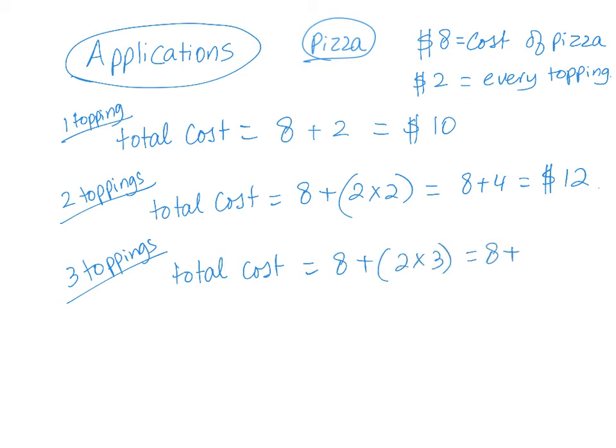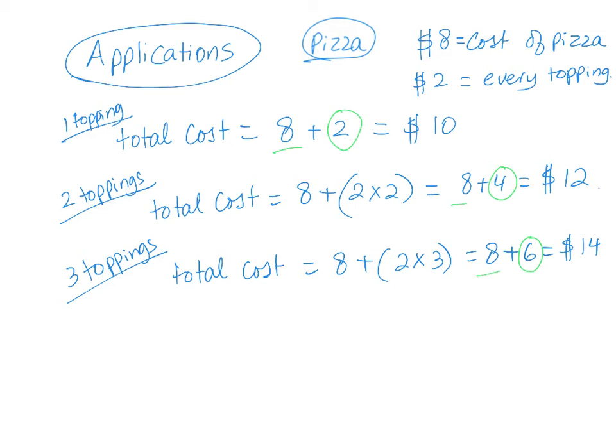Eight plus 6 is 14. So you see a relationship. When there was one topping, this was just 2. When there are 2 toppings, it becomes 4. And then 3 toppings, it becomes 6. What is constant? The 8.